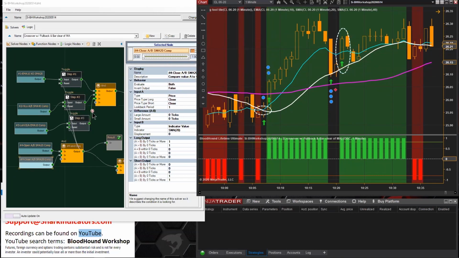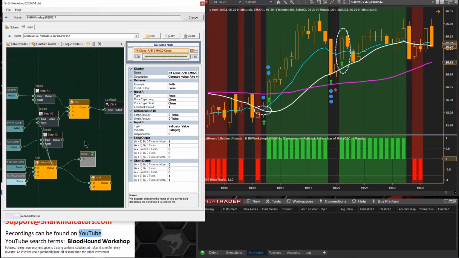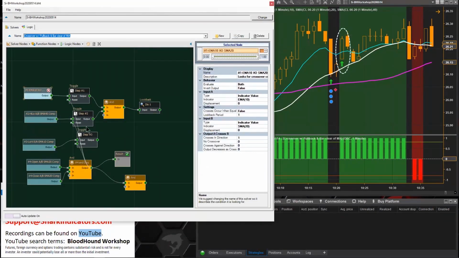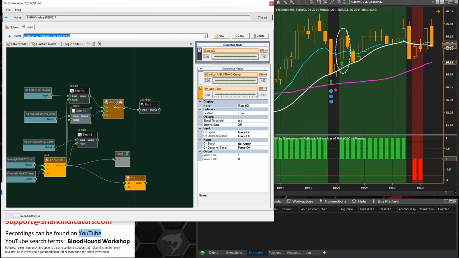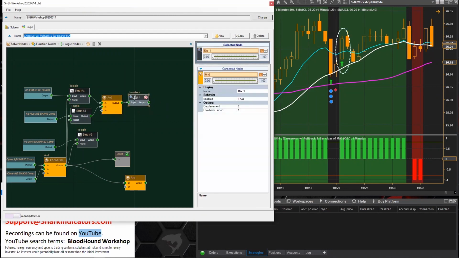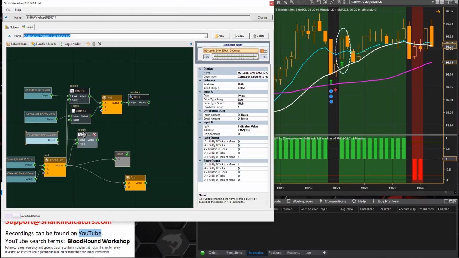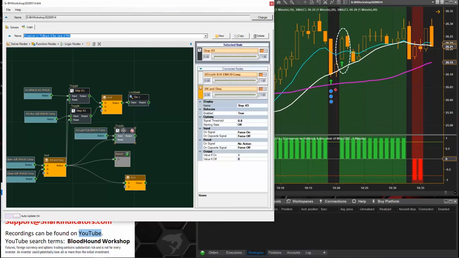All right, so let's disconnect that there. Looking at our logic, step 1 and 2 could be the same bar, so they go into the same AND node, and then we're using the look back so that we're separating the bar from step 2 from the bar from step 3. Now we can pull this out like that.